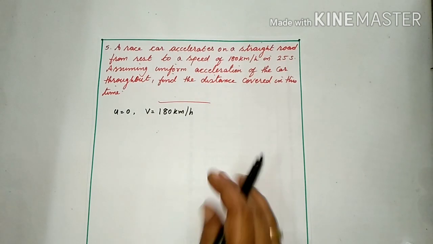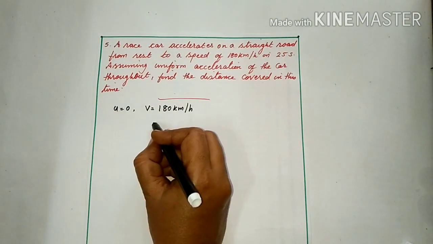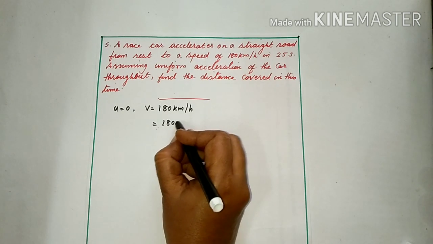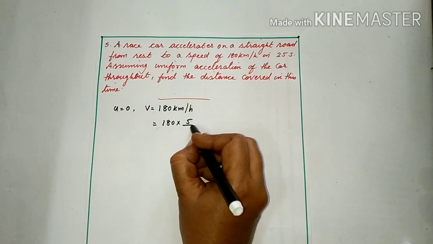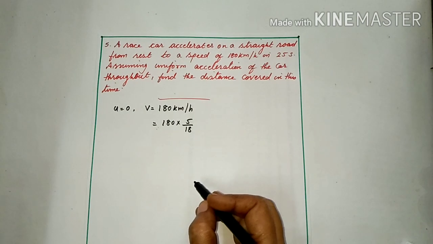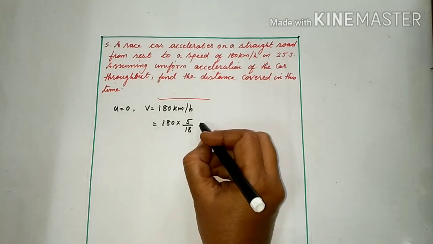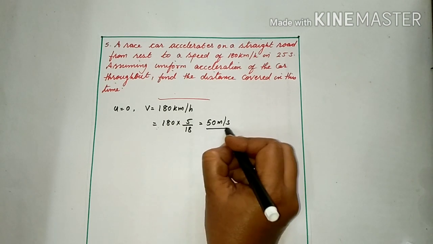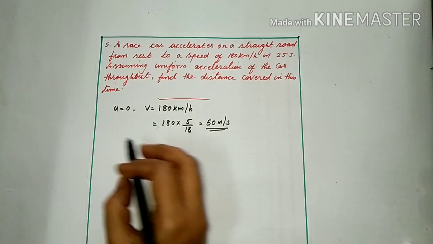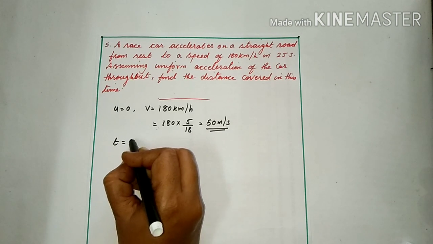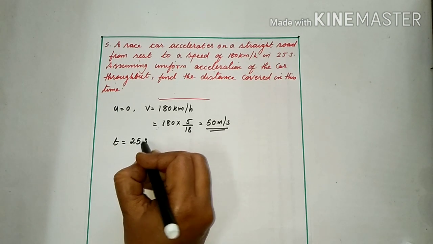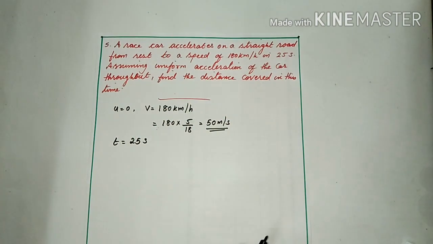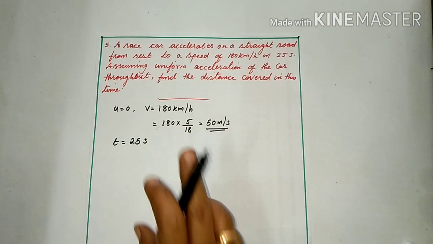Change it into meter per second: 180 into 5 by 18, that is 50 meter per second, in 25 seconds, that is time t equal to 25 seconds.